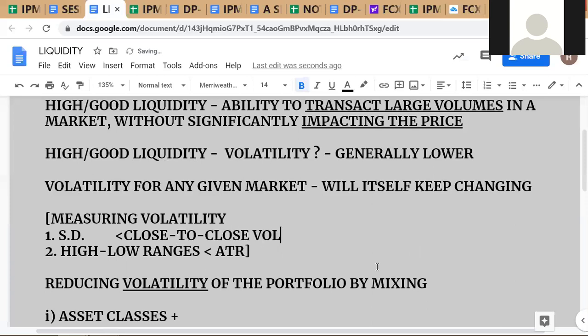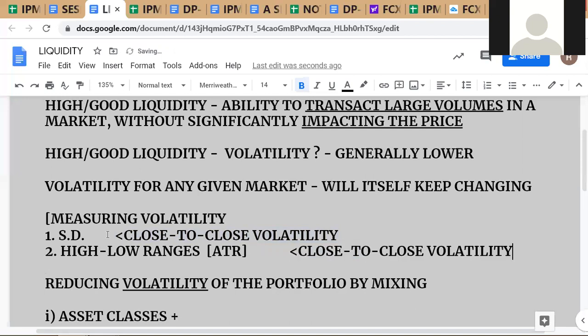And this we call high-low volatility, using ATR, the average true range.